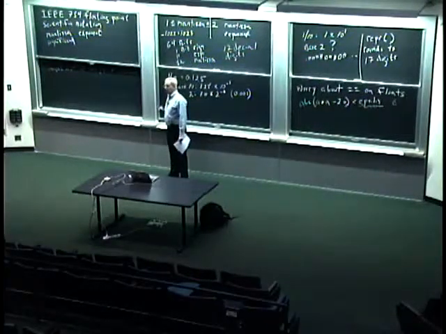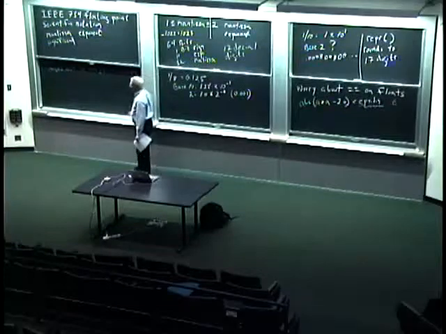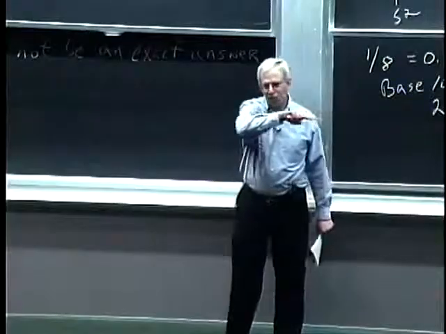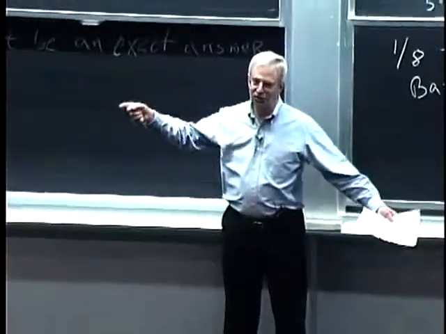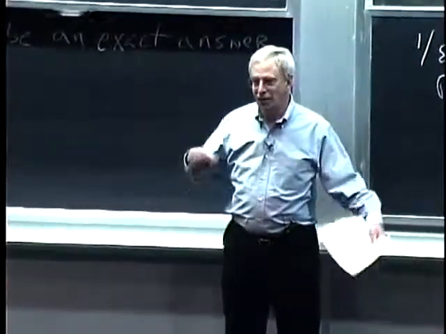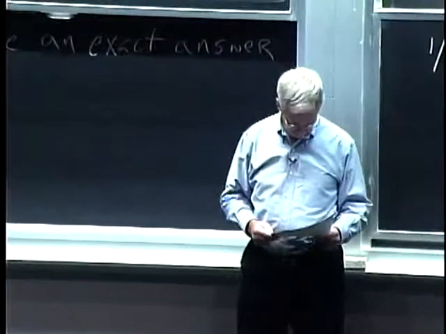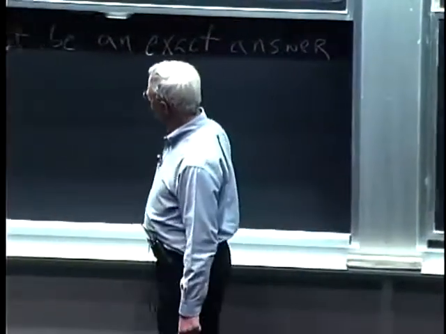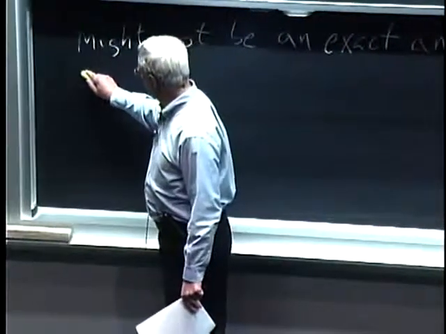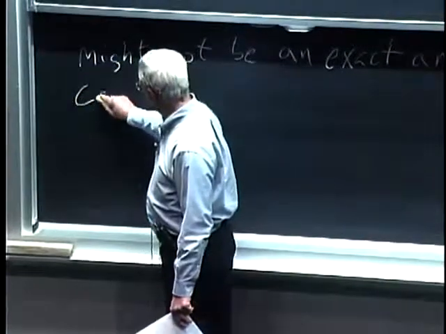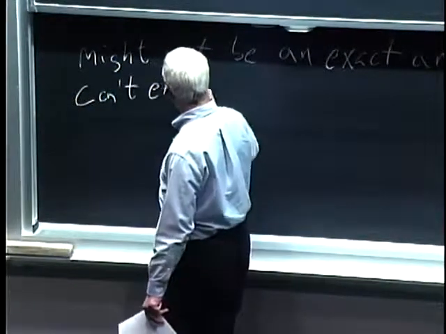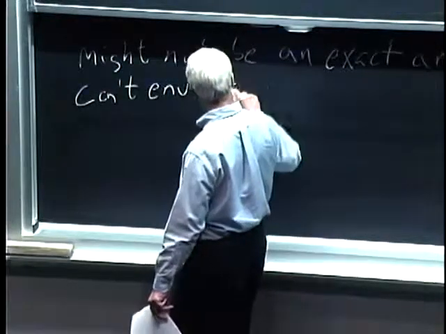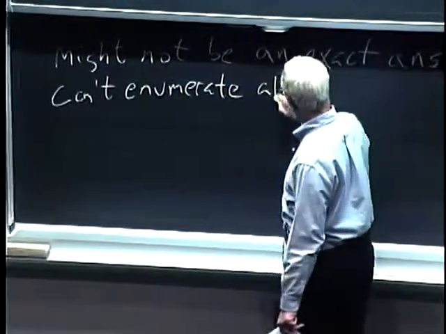Another problem with the method we looked at last time is there we were doing exhaustive enumeration. We were enumerating all the possible answers, checking each one, and if it was good, stopping. Well, the problem with reals as opposed to integers is we can't enumerate all guesses.